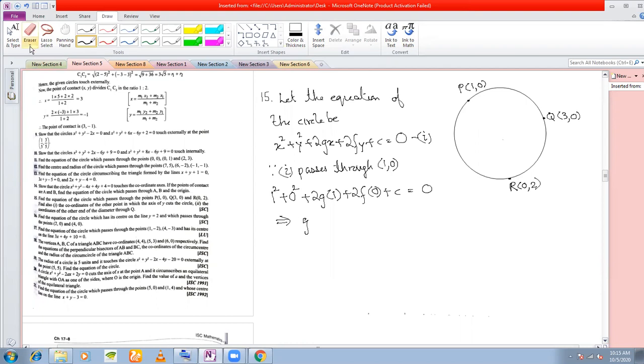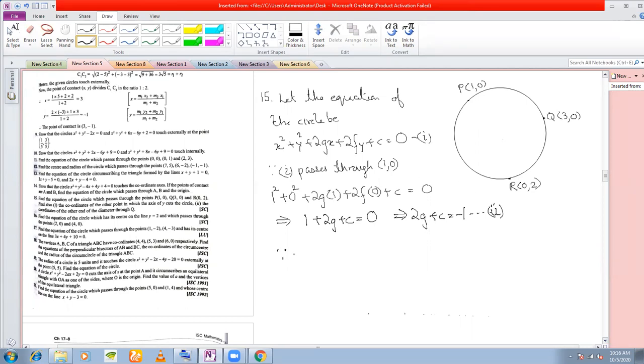You simply get 1 plus 2g plus c is equal to 0. That means you get 2g plus c is equal to -1. Call this equation number 2. 1 I have already labeled as the equation of the circle.